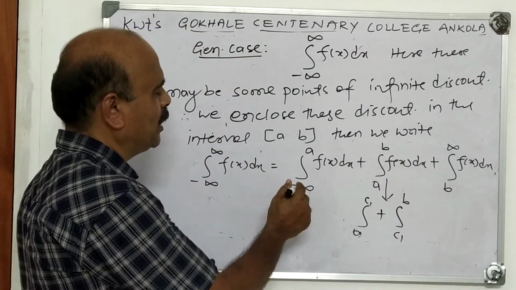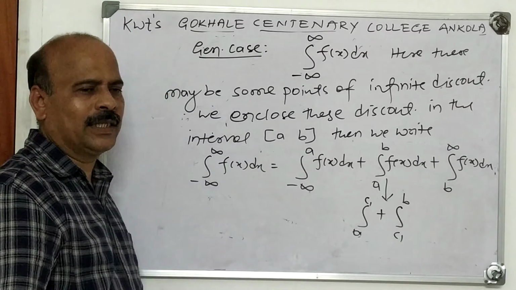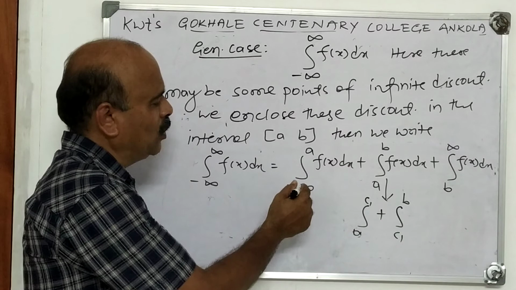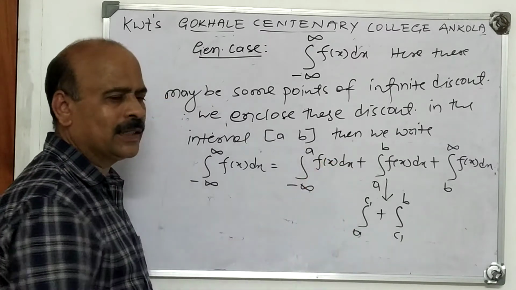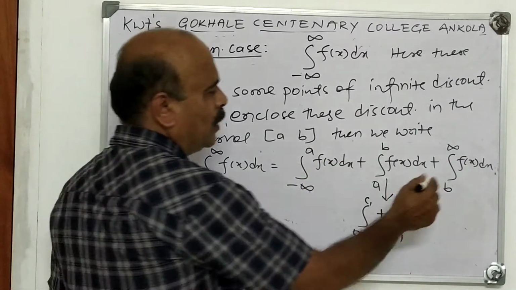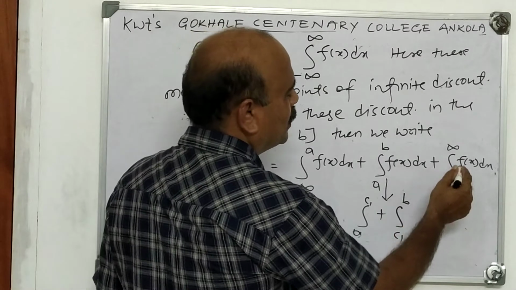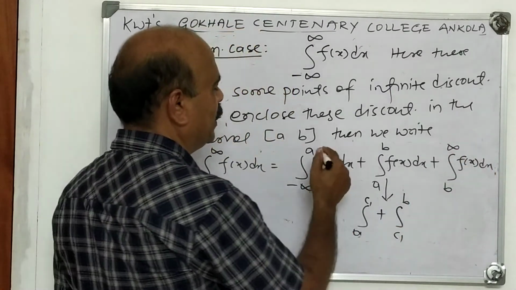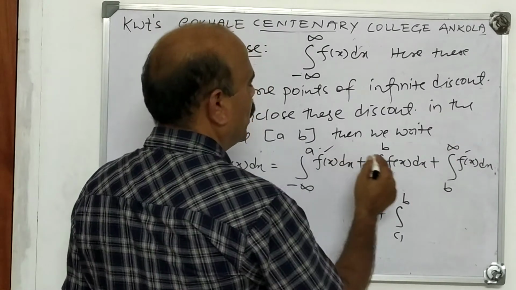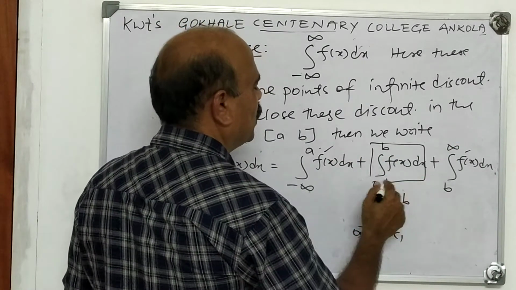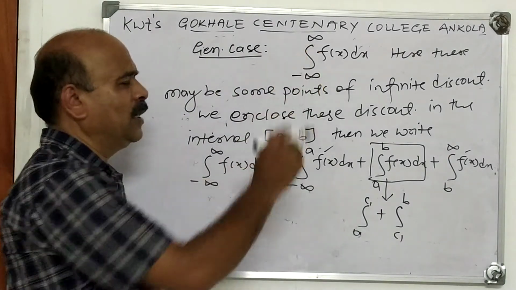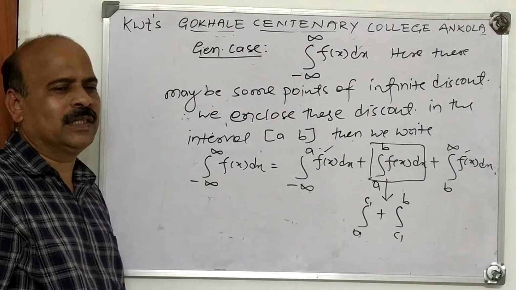And when we say that the integral from minus infinity to a f(x) dx exists, if the limit as t tends to minus infinity of the integral from t to a f(x) dx exists, and if the limit as t tends to infinity of the integral from b to t f(x) dx exists, then these two exist. And if this also exists, we say that the improper integral from minus infinity to infinity f(x) dx exists.